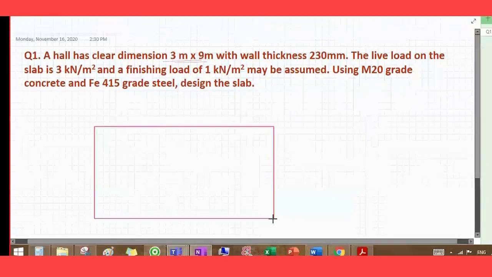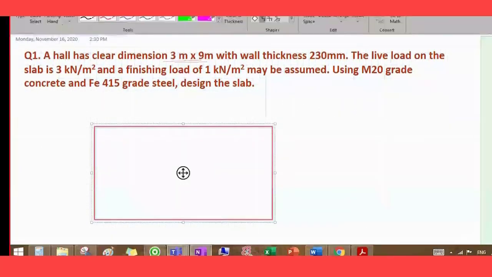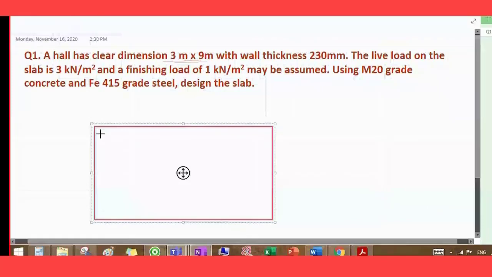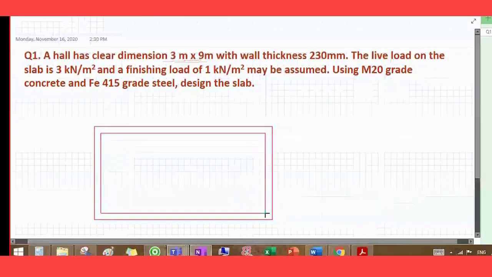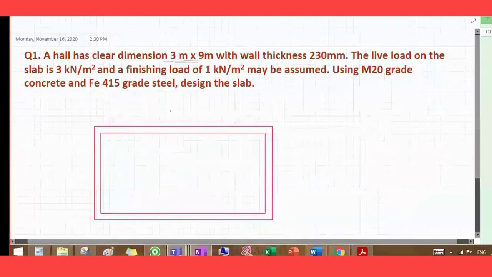So it is like this. So this is the slab. Now this slab is actually being supported on walls on all the 4 sides, like this. So this is the wall. It is talking about the clear dimension.